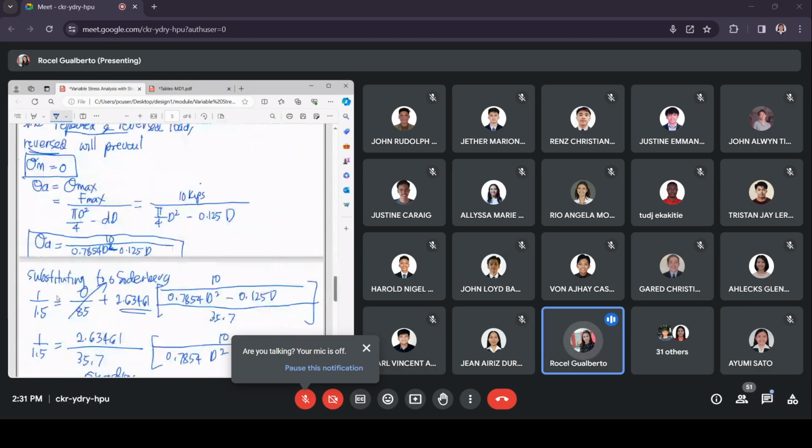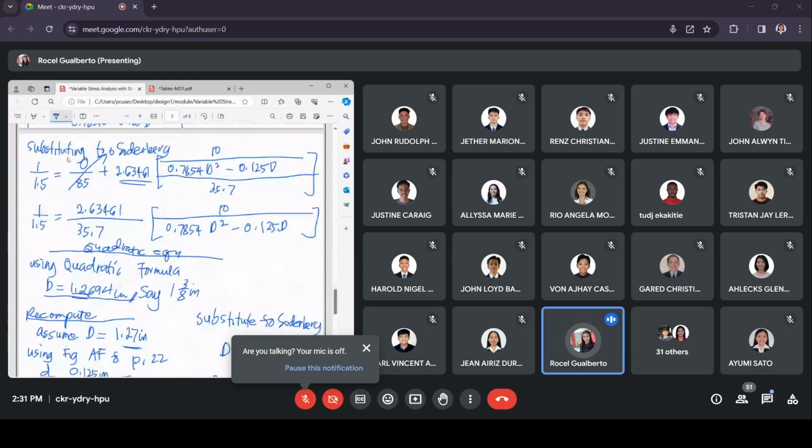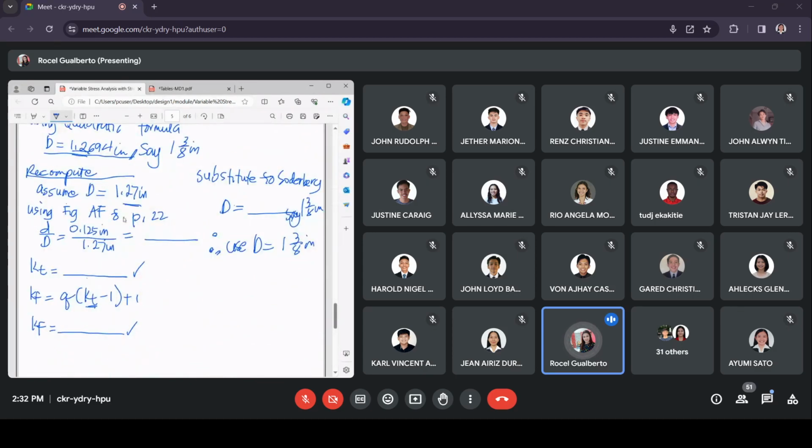And then from there, you substitute again to the Soderberg. So this would be changed with the new value, and then you'll obtain a different answer. Okay, so try to see your answer there. I think that is 1.27. Okay, so the same commercially available size as 1 and 3/8. So that would be your final answer now.